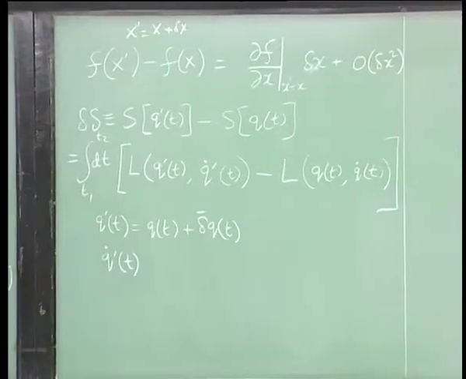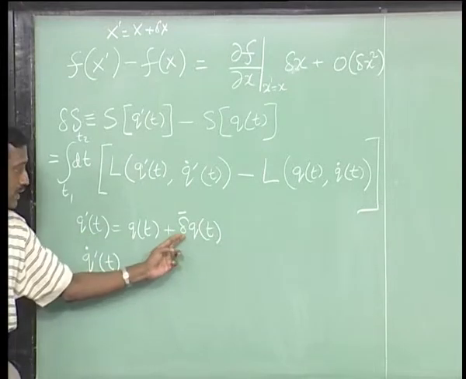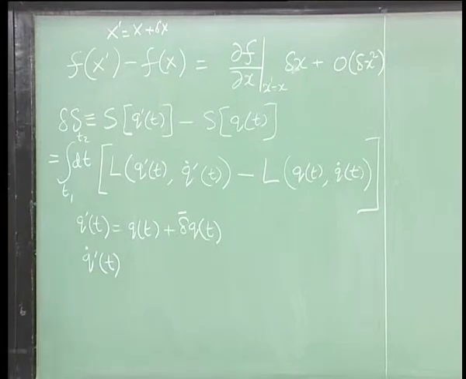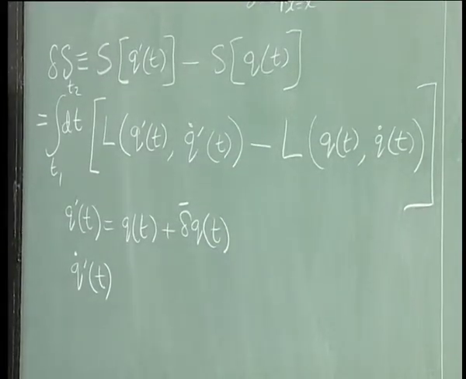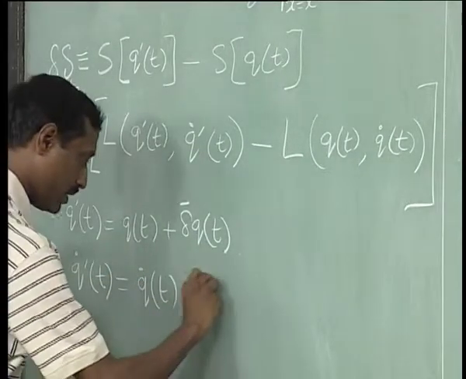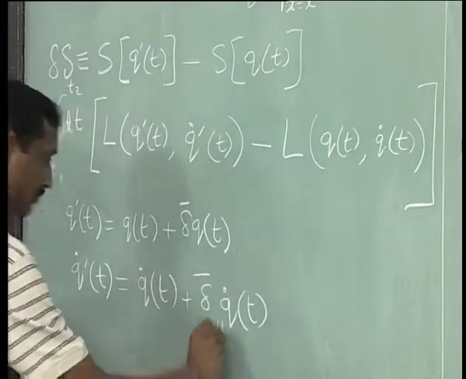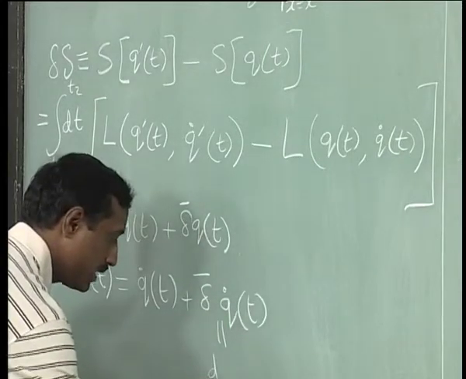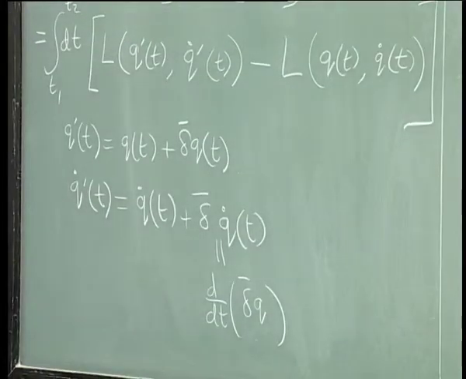And then you would like to know what is q dot prime of t. If you are given a trajectory, obviously you can take a derivative, but the important thing to ask is, does delta bar commute with taking derivative? I would like to recommend that you go home and think about it. Delta bar is such that it will necessarily commute by its definition. So q dot prime would be q dot of t plus delta bar of q dot of t, which I can write now as d by dt of delta bar q.